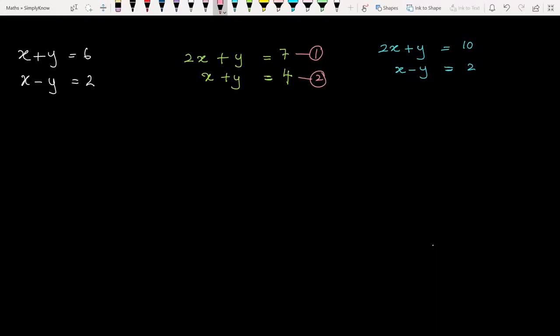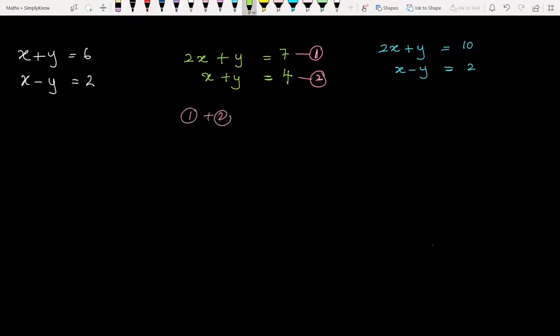So for us to eliminate y from both equations, we need to add or subtract these two equations. So do we add or subtract? Let's check what happens if we add these two equations. So I'm going to add equation 1 and 2.